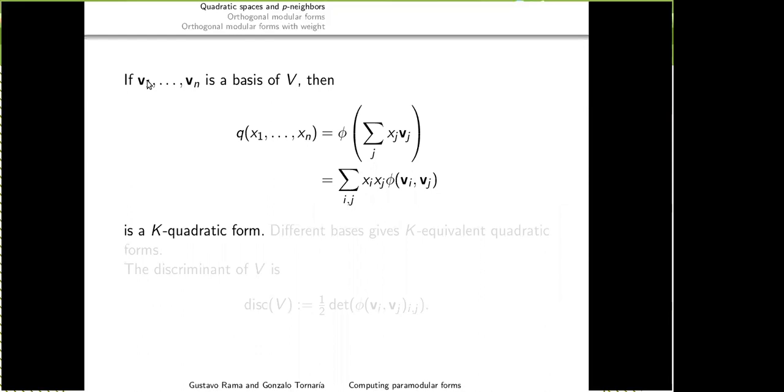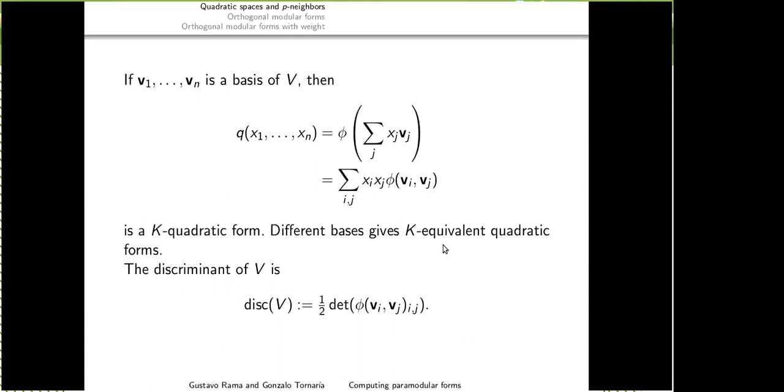And if we have a basis B of our space, then we can construct a quadratic form in n variables, where n is the dimension of the space, in this fashion. If we have different bases, we have Q-equivalent quadratic forms. In fact, every quadratic form comes from this.